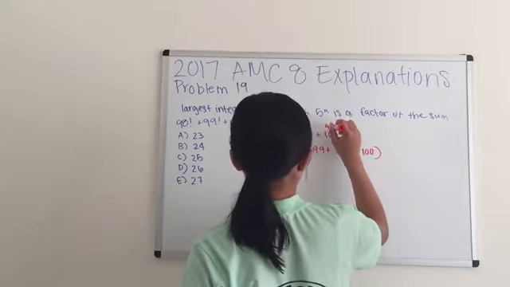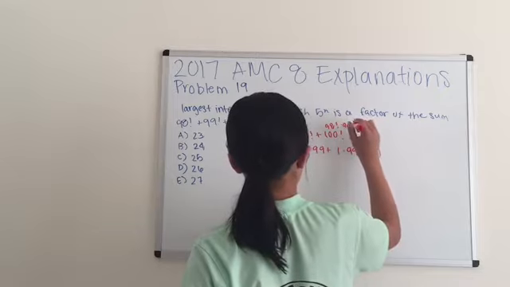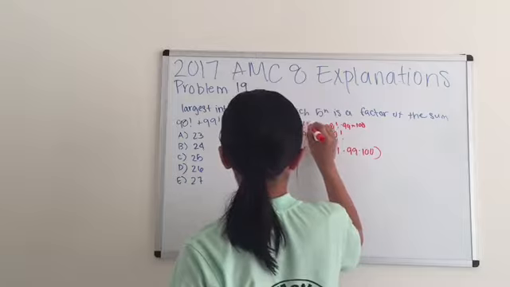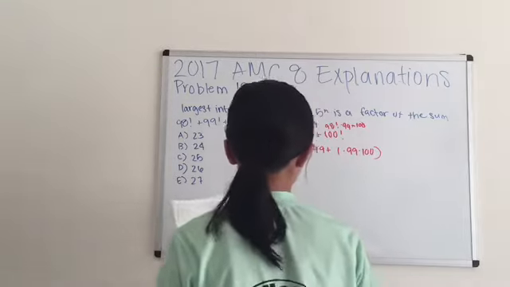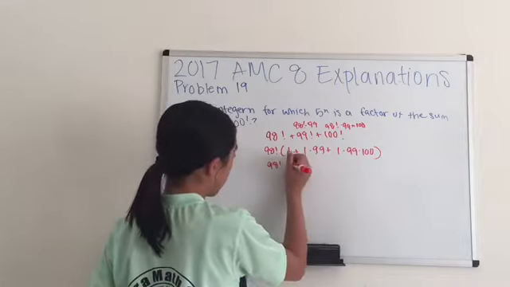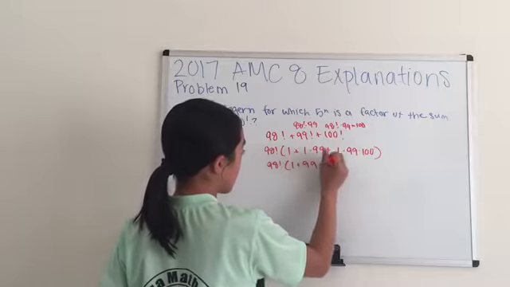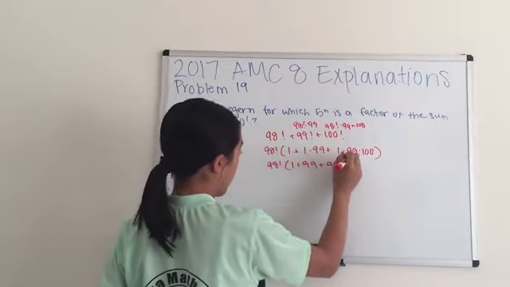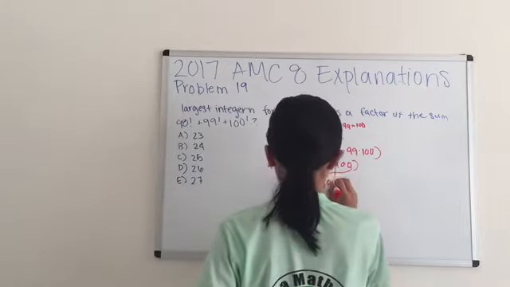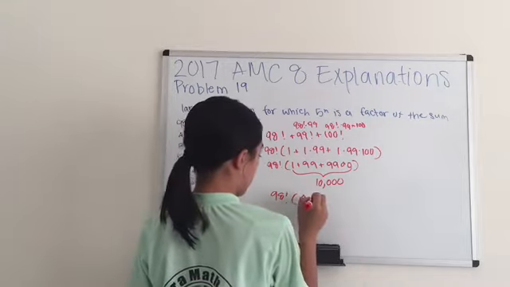Since this is 98 factorial times 99 times 100, and this is 98 factorial times 99. So now we can simplify this to become 98 factorial times 1 plus 99 plus 9,900, and this makes 10,000, which means it's basically 98 factorial times 10,000.